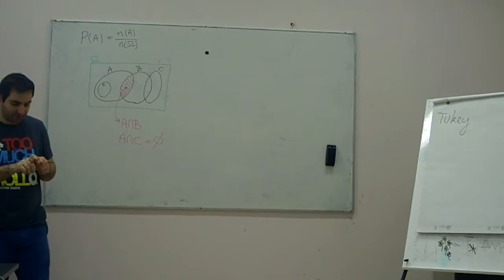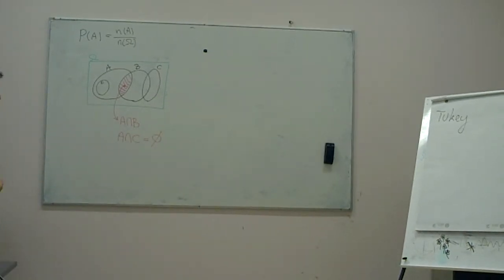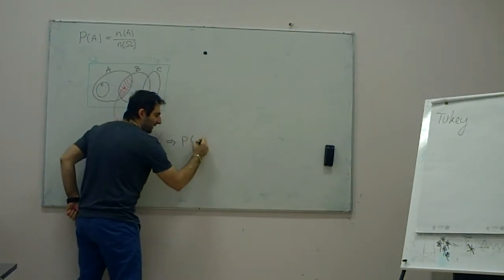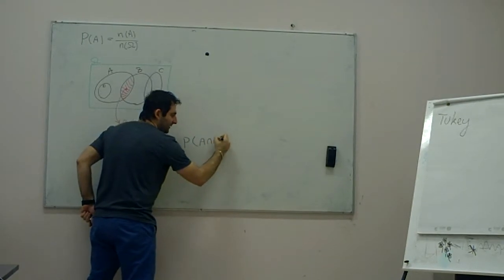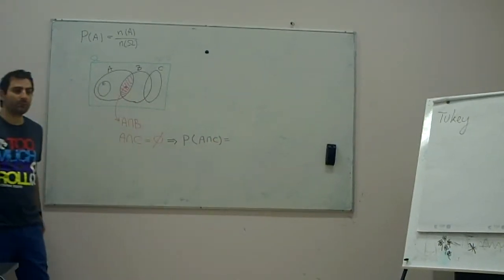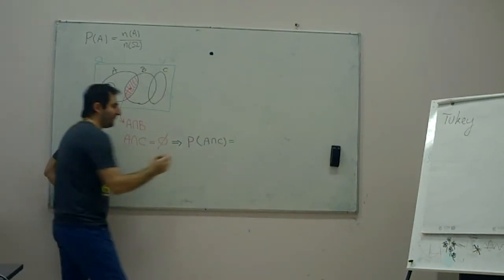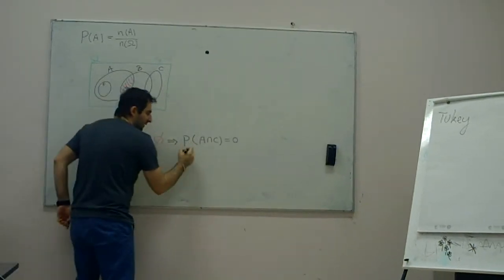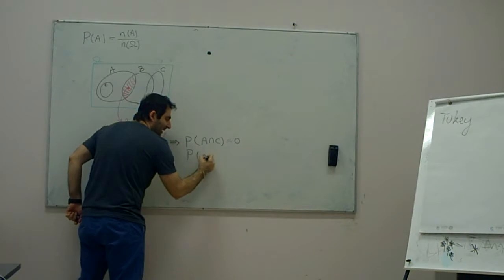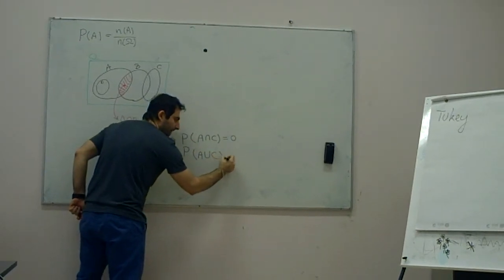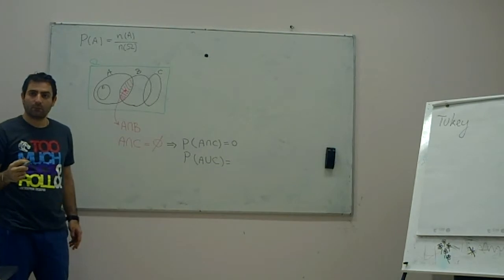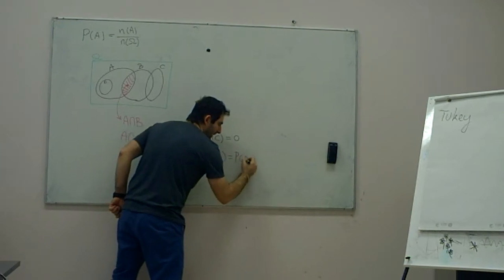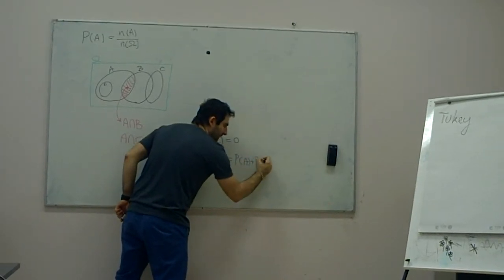So, if you remember, can you tell me what is the probability of A intersected by C? 0, because it will never happen. Now, because this is 0, what is the probability of A union C? Probability of A plus probability of C.